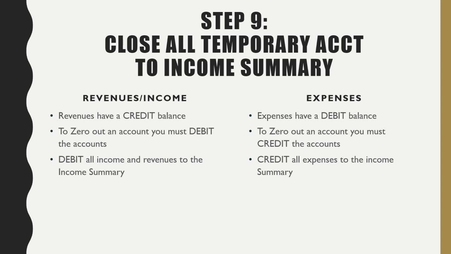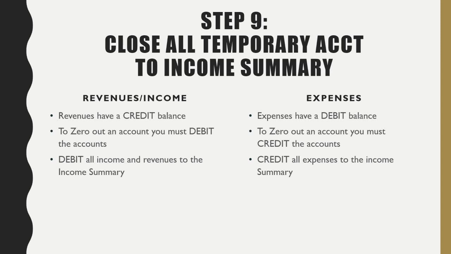Now the question is, how do you close them out? The straightforward answer is you're zeroing out every single account. That's how you close them out. You just zero them out. So as we all know, revenues typically have a normal balance of credits.